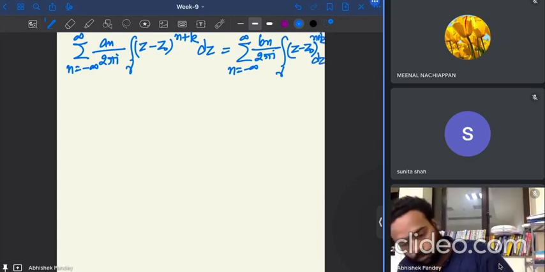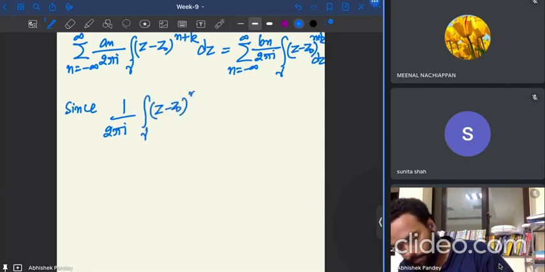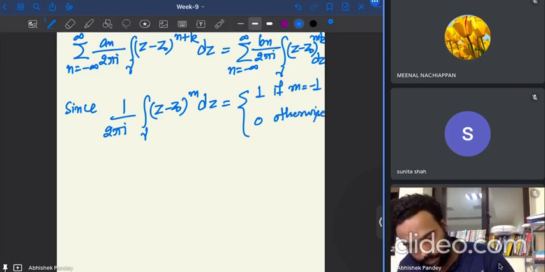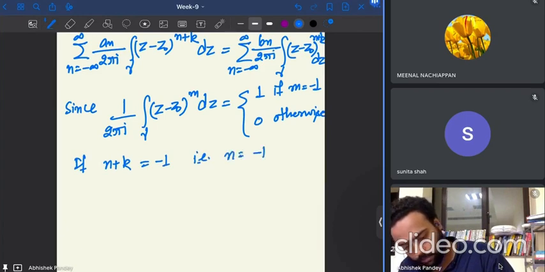Okay, so now since 1 upon 2 pi i times the integral over gamma of (z minus z naught) to the power m dz is basically 1 if m equals minus 1 and 0 otherwise, if n plus k is minus 1, that is, n equals minus 1 minus k.